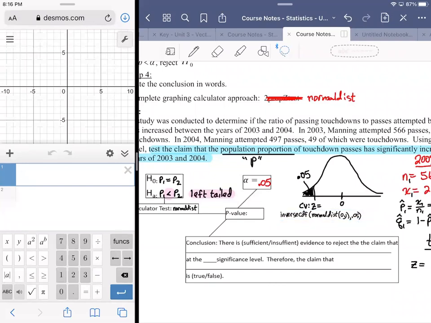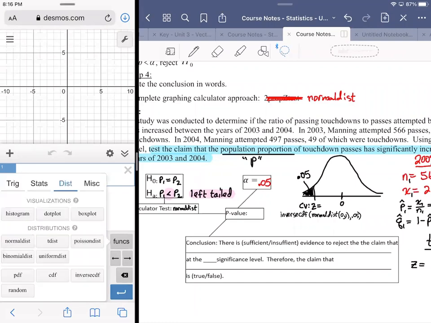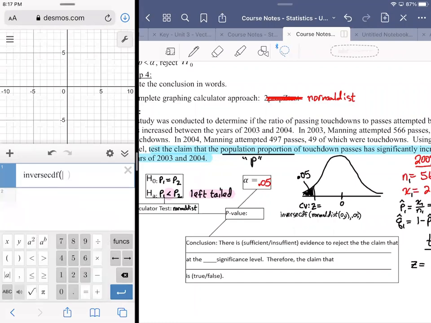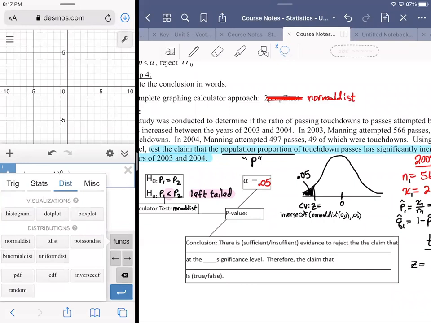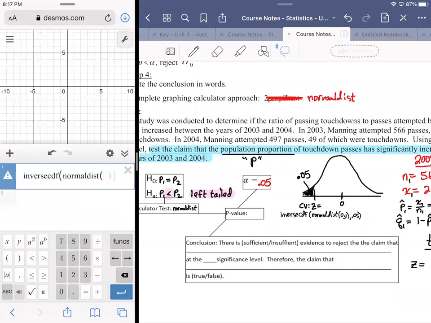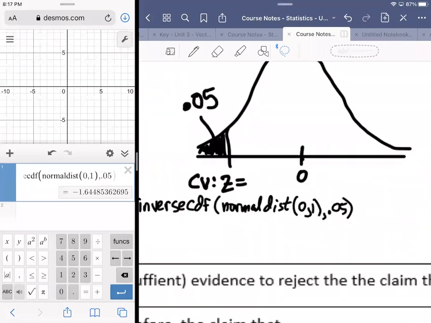So the way we crank that out, again: function, distribution, inverse CDF, function, normal distribution, 0, 1, close it up, comma, 0.05. And so we get our critical value of negative, if we're going with 3 significant figures, negative 1.645.